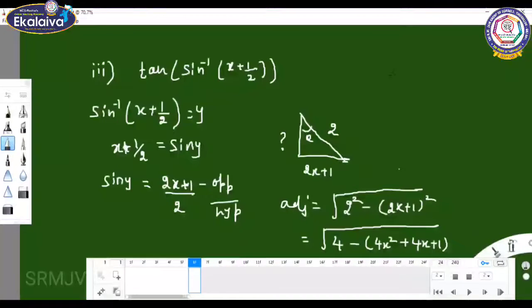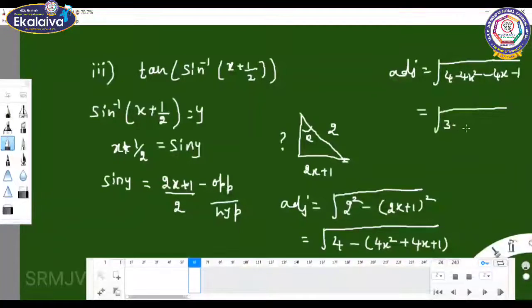So adjacent side equal to root of 4 minus 4x square minus 4x minus 1. So what is the value? It gives root of 3 minus 4x square minus 4x. Adjacent side equal to root of 3 minus 4x square minus 4x.